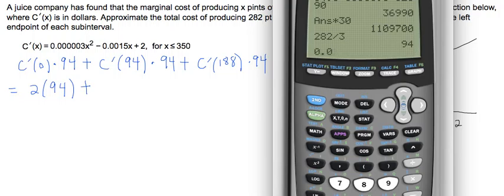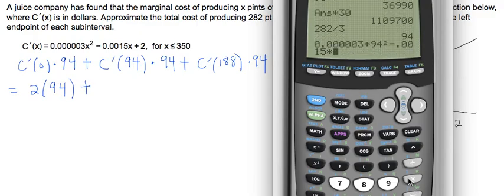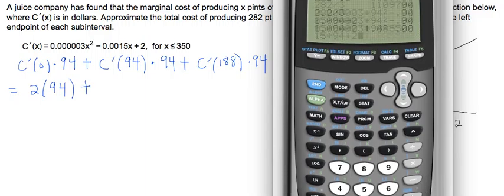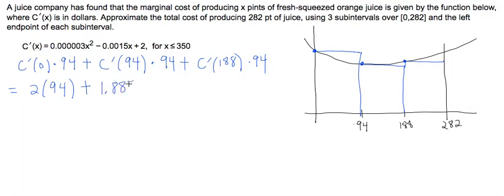So 0.0000003, that's 5 zeros, times 94 squared minus 0.0015 times 94 plus 2 comes to 1.8855. Let's take it out to a number of decimals; that should be good enough.